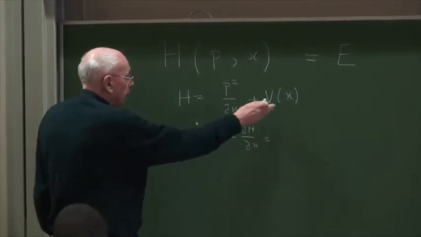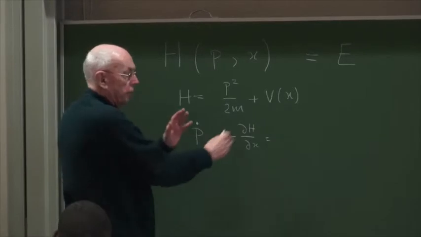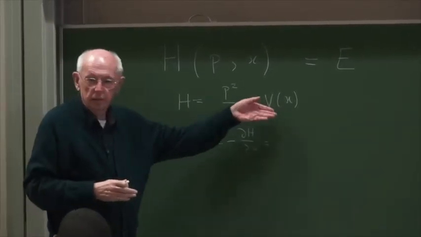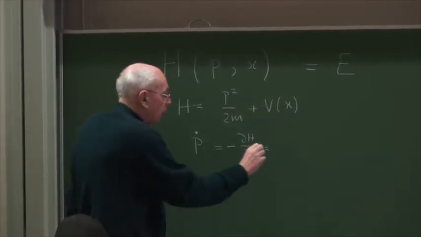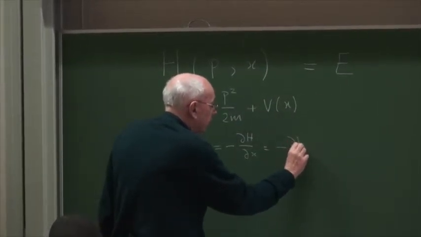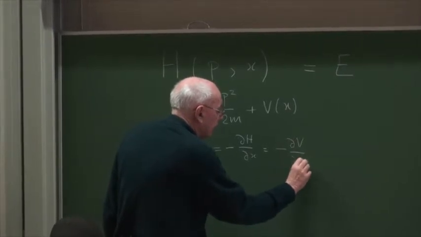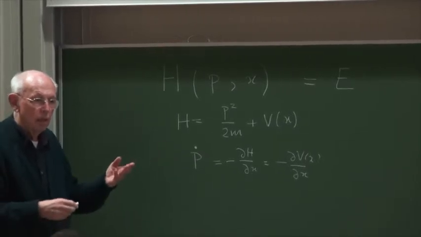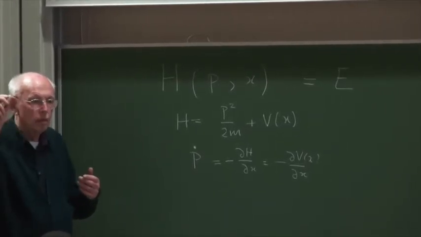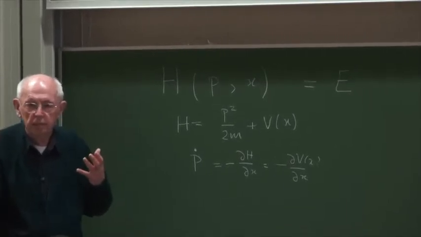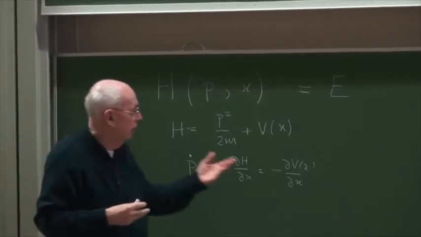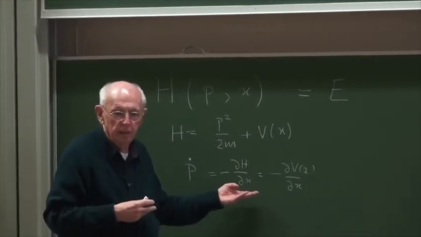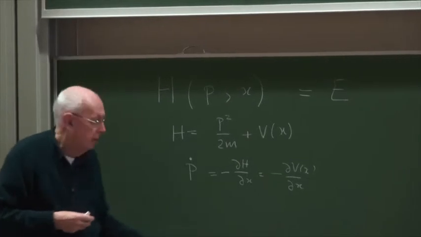And this is general. If we apply it to this specific case, we then get minus dv dx. And p dot is x double dot times m, I mean, it's acceleration basically. So that you can get from the Hamiltonian immediately like this.